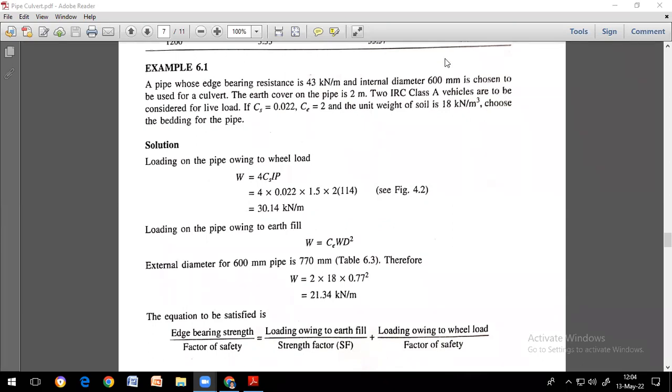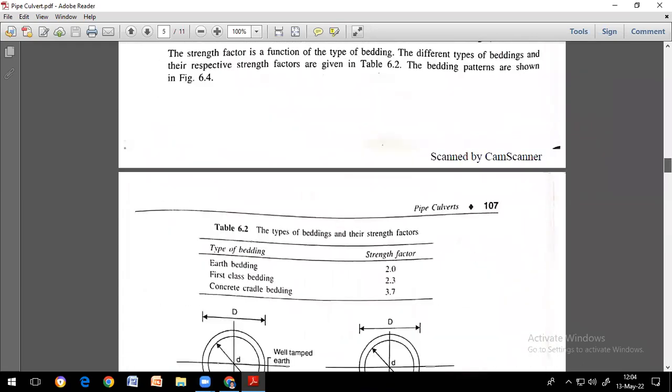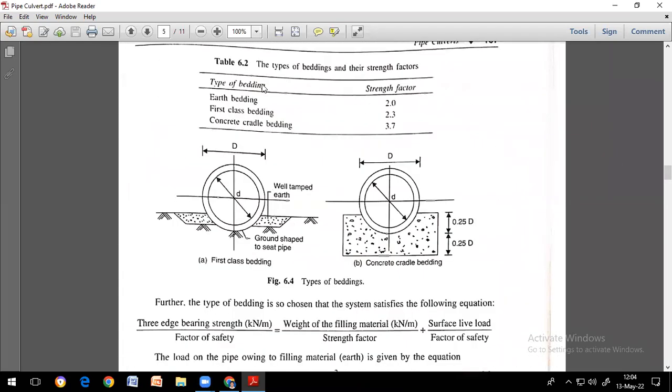See, you have to calculate the strength factor to know the bedding of the pipe. Because nenu concepts cheptunnapude chupichanu. So there is a clear cut table over here. Type of bedding always depends on the strength factor. If the strength factor is 2, the bedding is earth bedding. If the strength factor is 2.3, the bedding is first class bedding.